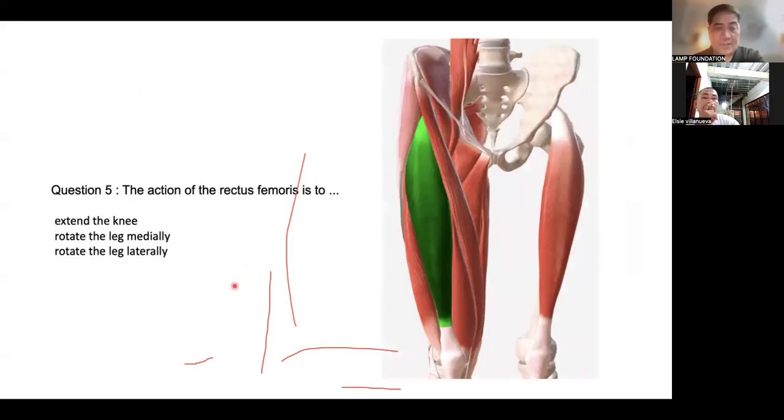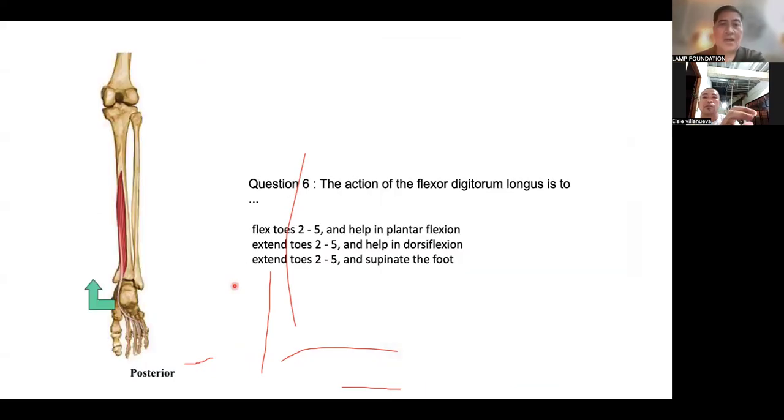The action of the rectus femoris is to extend the knee. Action of flexor digitorum longus: flex toes number 2 to 5 and help the plantar flexion.